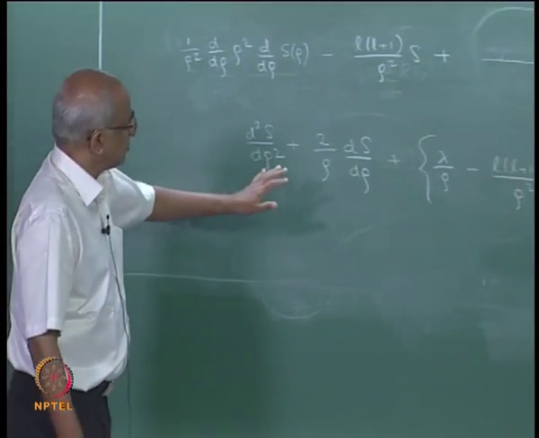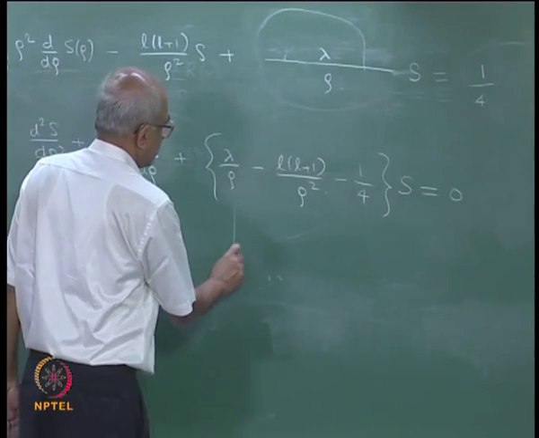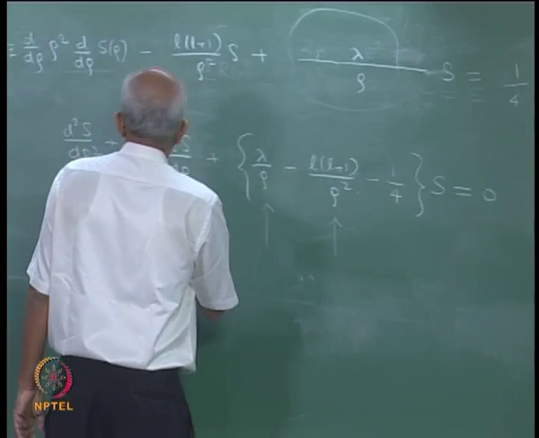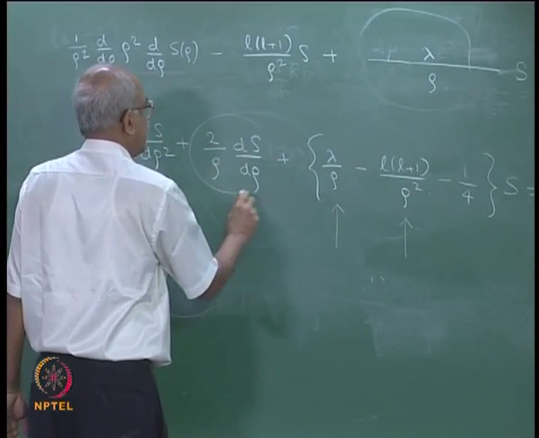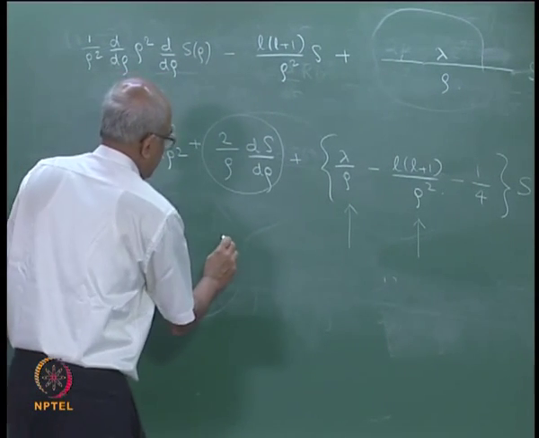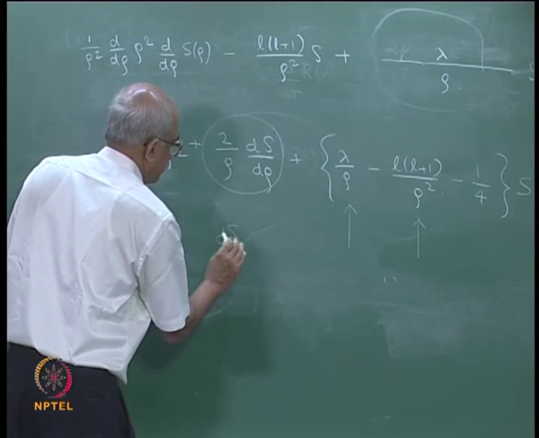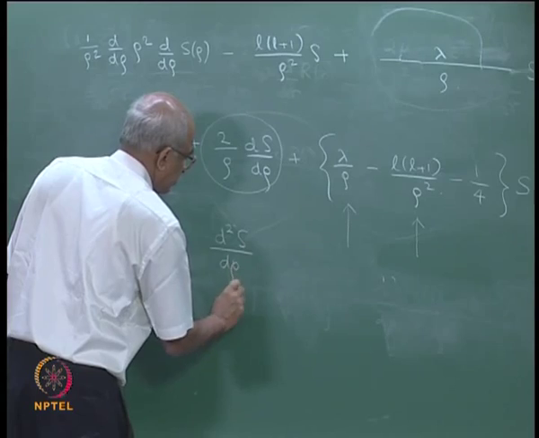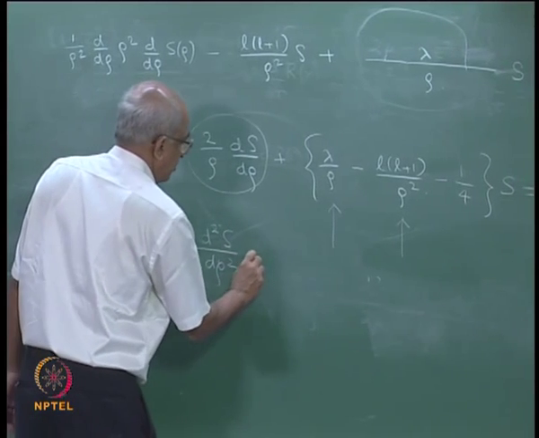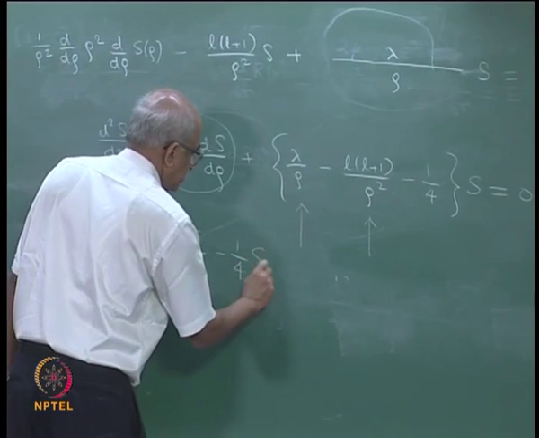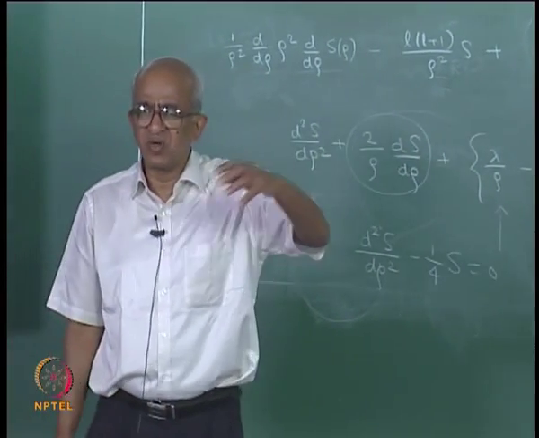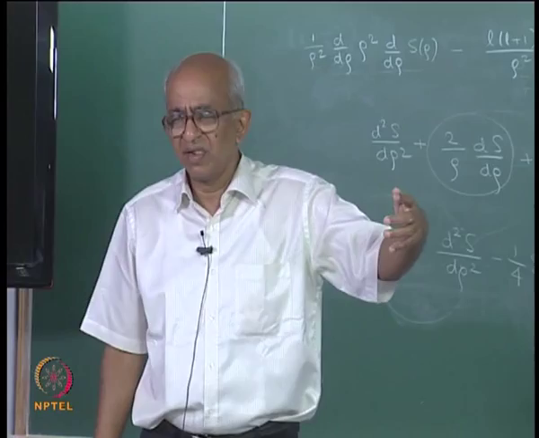If rho is extremely large, you would expect that this term can be neglected, this term also can be neglected, and perhaps this term also can be neglected, and therefore, you would expect that the differential equation may perhaps reduce to d square s by d rho square minus 1 by 4 s is equal to 0, right. This is what I would expect.